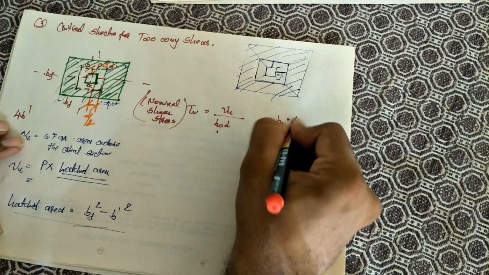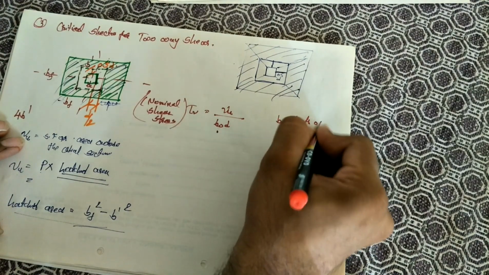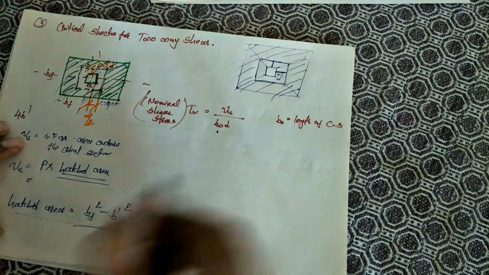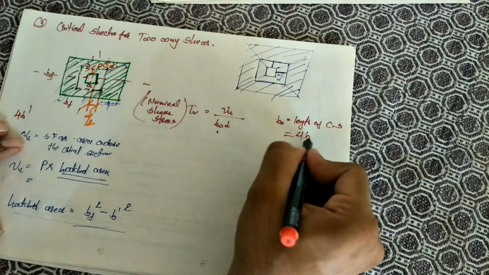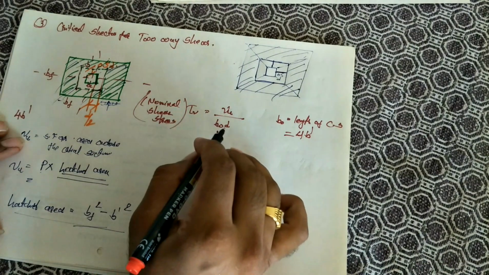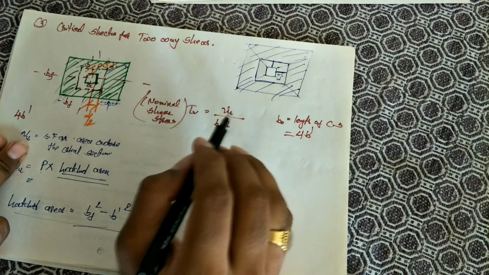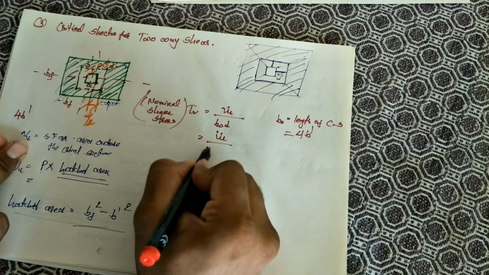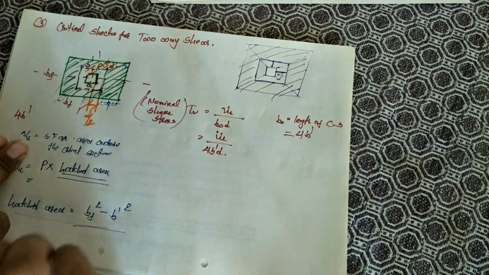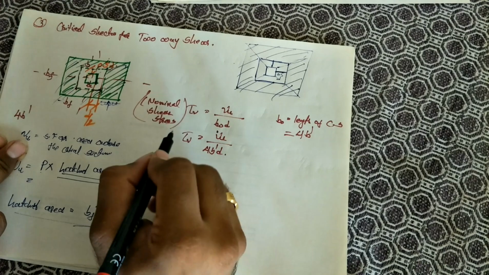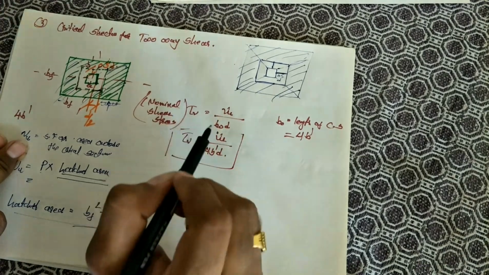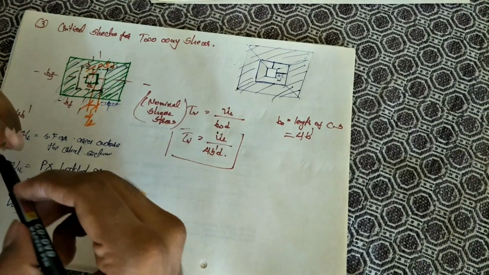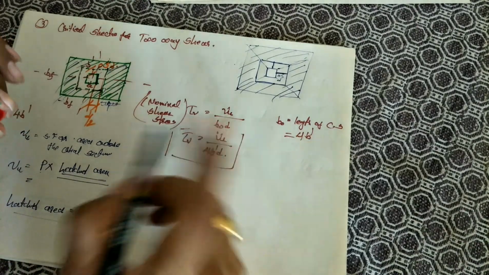That length is 4b dash, which we have to take into consideration. So ultimately the equation becomes Vu divided by 4b dash into d. That is your tau v. This is your one equation, where d is the depth of your footing at the critical section.